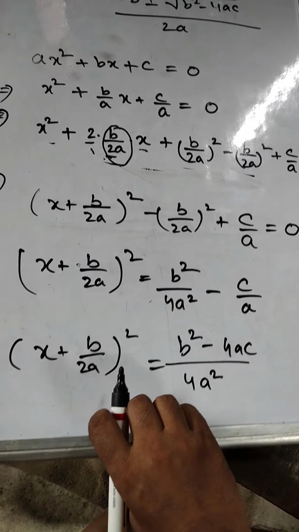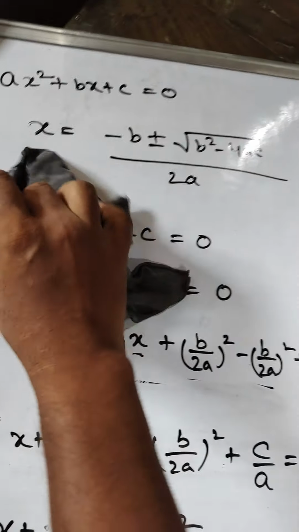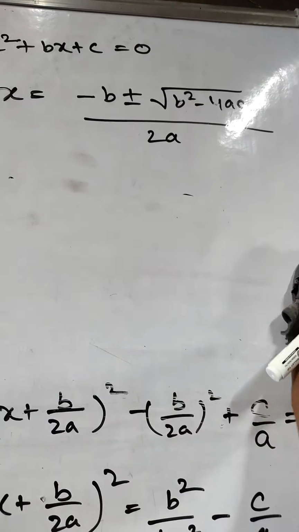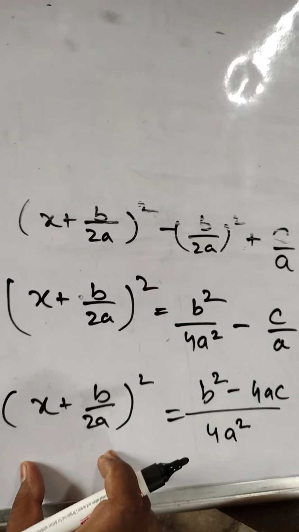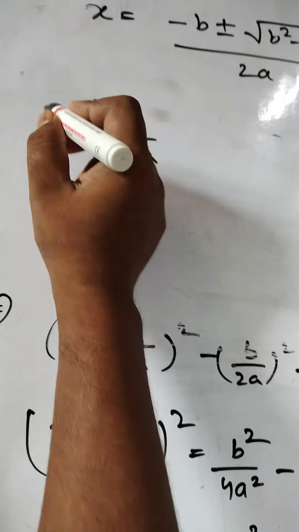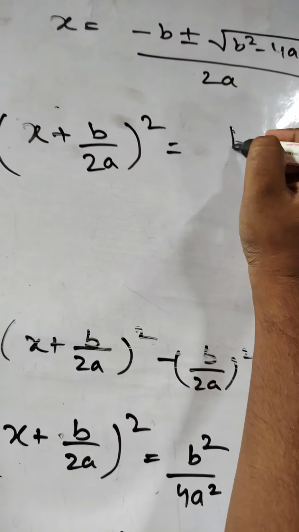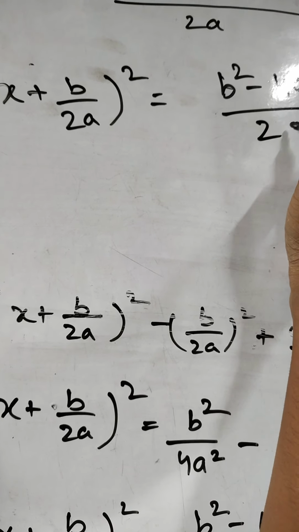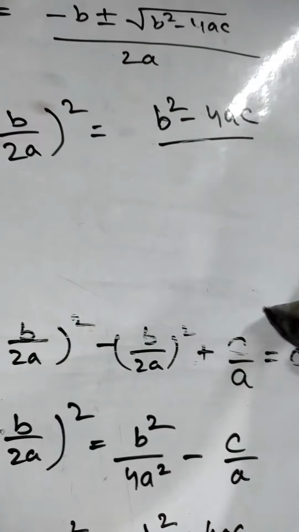So I am just writing this equation in the very first line of this, and we have x plus b by 2a whole square is equal to b square minus 4ac by 4a square.